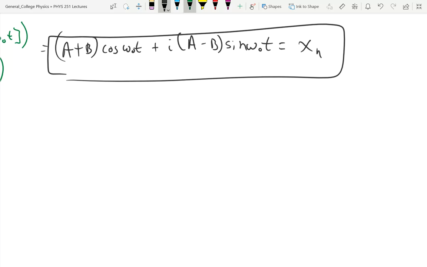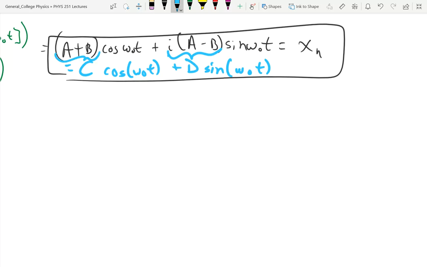We just like to say, let's replace this with c cosine of omega 0t plus d sine of omega 0t, where that stuff is d and that stuff is c. So we just have two new constants that depend on how you started the system. And these two new constants are dependent on the old ones. You can translate back and forth if you actually care.